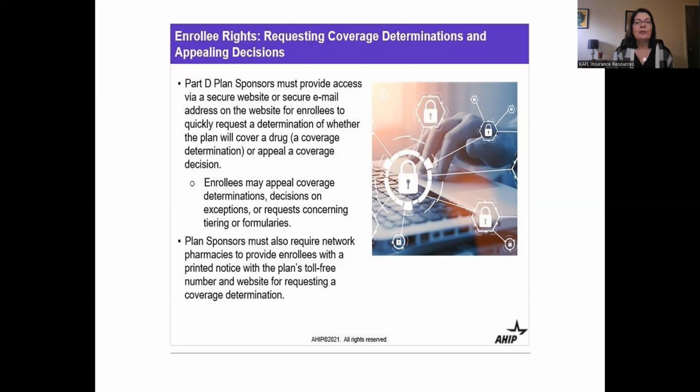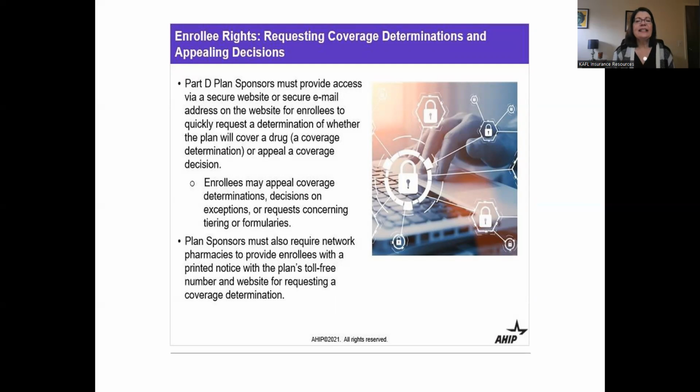And then it's for the enrollee to quickly request a determination of whether the plan will cover a drug or appeal a coverage decision. They can appeal the coverage determinations or decisions on exceptions or requests concerning tiering or formularies. So what that can mean too is, say someone's specific drug is on a higher tier, they can appeal that and try to get it approved for a lower tier if they have an approved reason for that change.